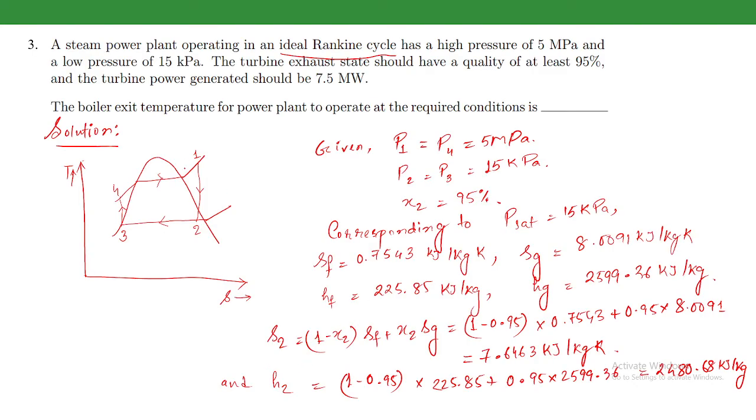Now, if we consider the turbine to be reversible and adiabatic, that is, if we consider 1 to 2 to be an isentropic process, that is a reversible and adiabatic process, the entropies will remain the same.